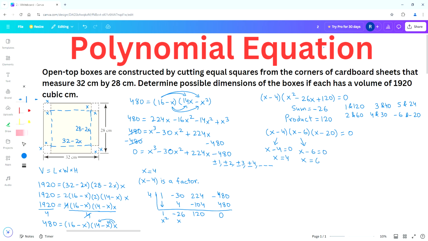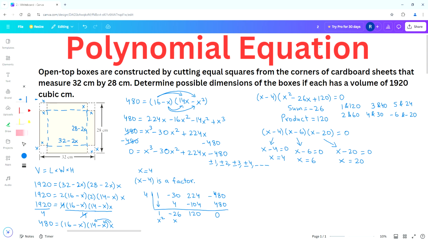The second x value is 6. The third x value is 20. Now we can use these values of x to find the dimensions of the box.